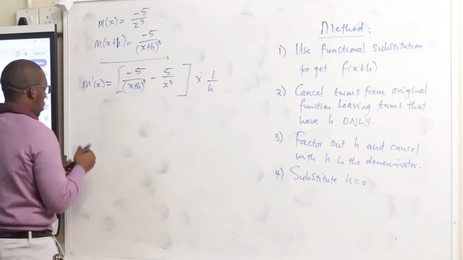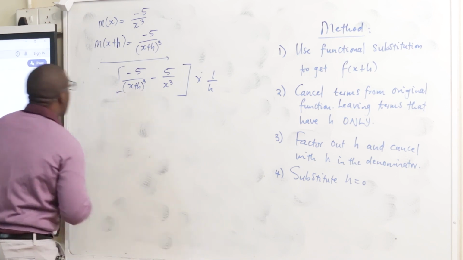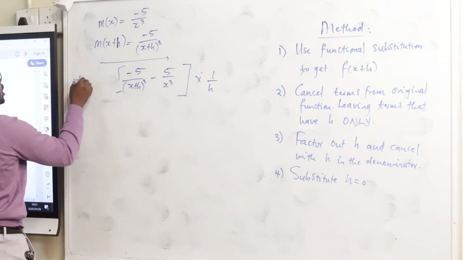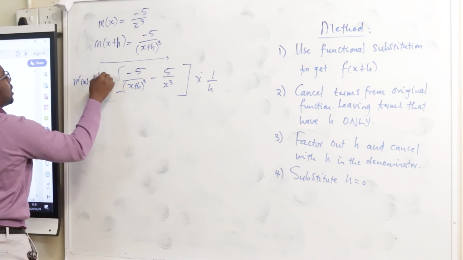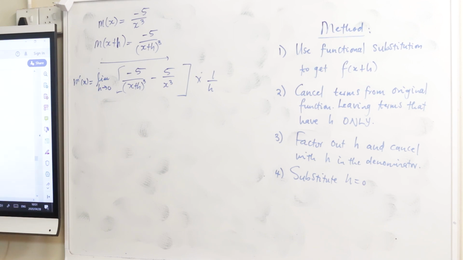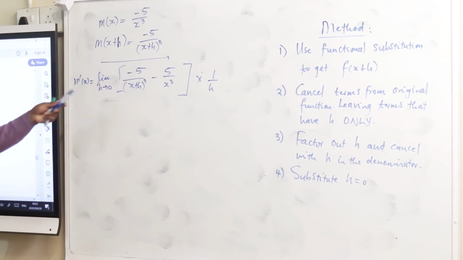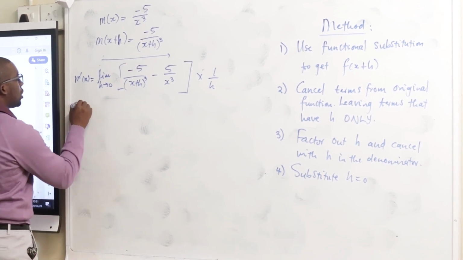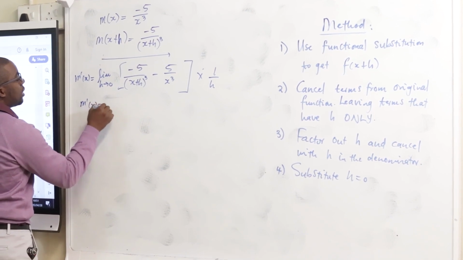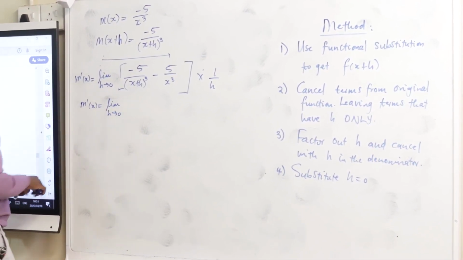Do not forget the limit. If you forget the limit, you are penalized for notation's sake. So limit as h goes to 0. Instead of dividing by h, I multiply by 1 over h. It's just an algebraic trick to be able to manage that expression, h approaching 0.